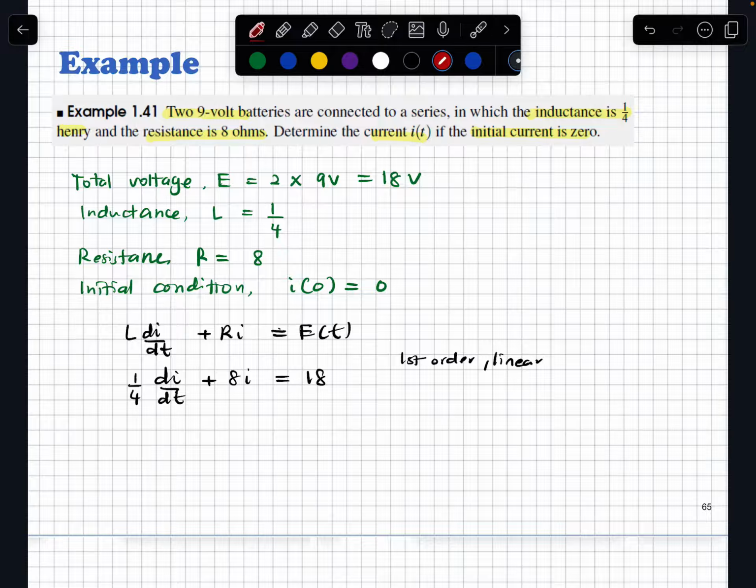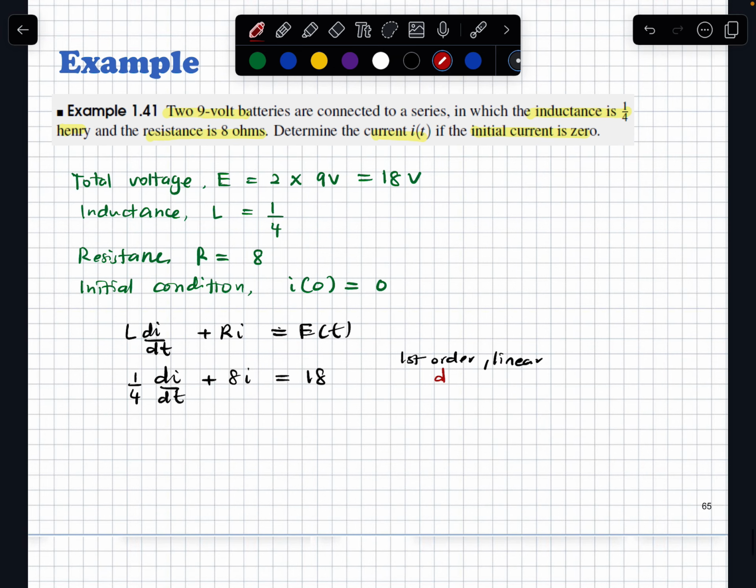The format of linear is the form dy/dx plus p(x)y equals q(x). The format is written in terms of dy/dx, but in our case it is di/dt. So you have to know that y should be replaced by I and x should be replaced by t.